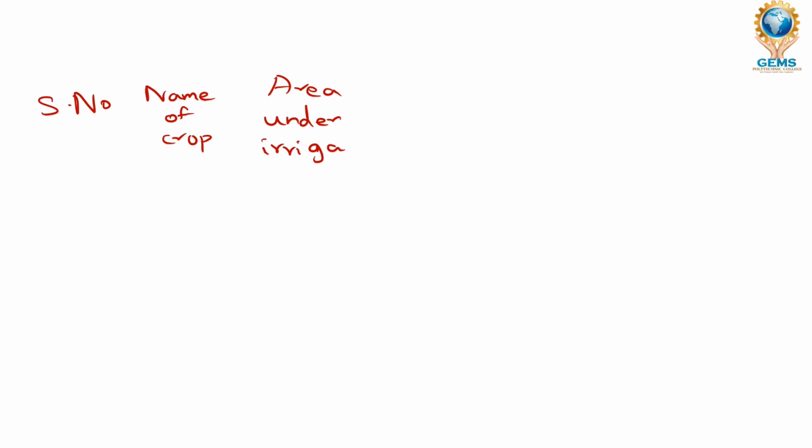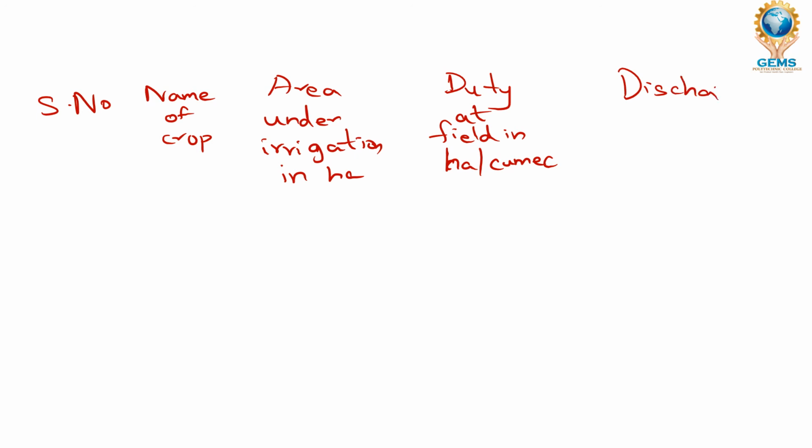The tabulation includes serial number, name of crop, area under irrigation in hectares, duty at field in hectare per cumec, and discharge, which you are going to find. Q is equal to A by D, which I have mentioned in the previous slide.